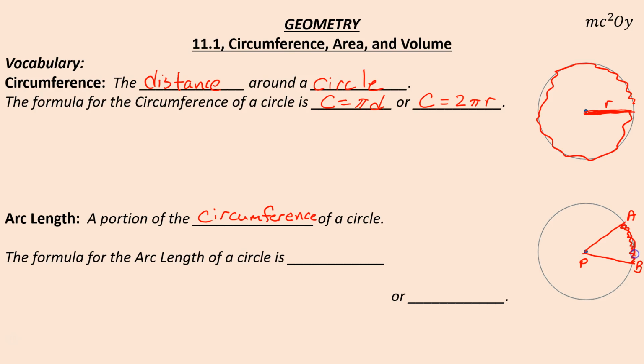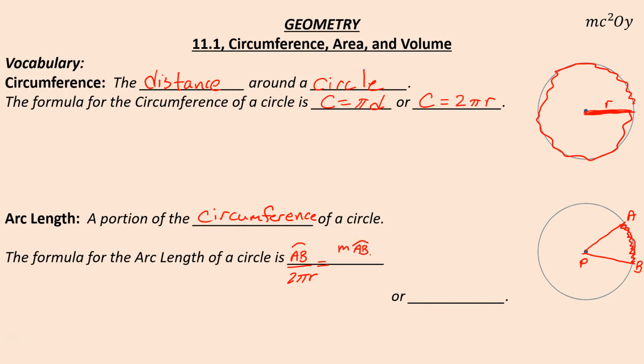So I'm not talking about a degree measure, I'm talking about a length. Then I could say the arc length, which we would call in this case AB, is to 2 pi r, which is the circumference, as the measure of our arc AB.